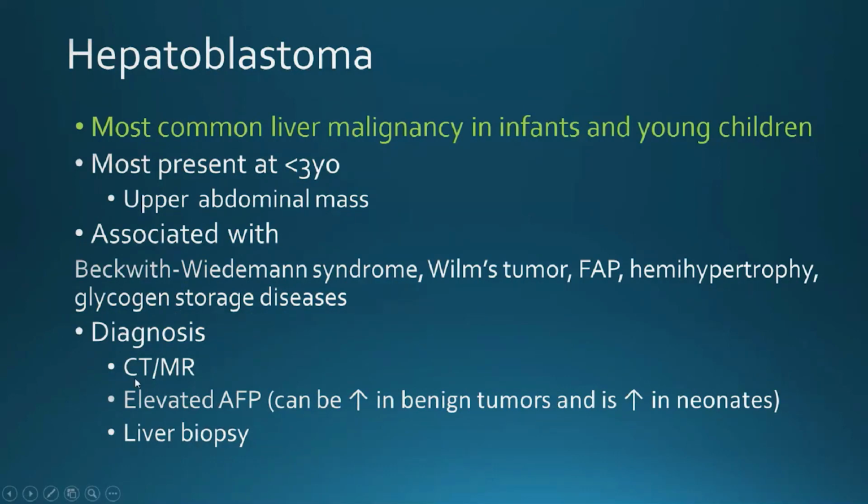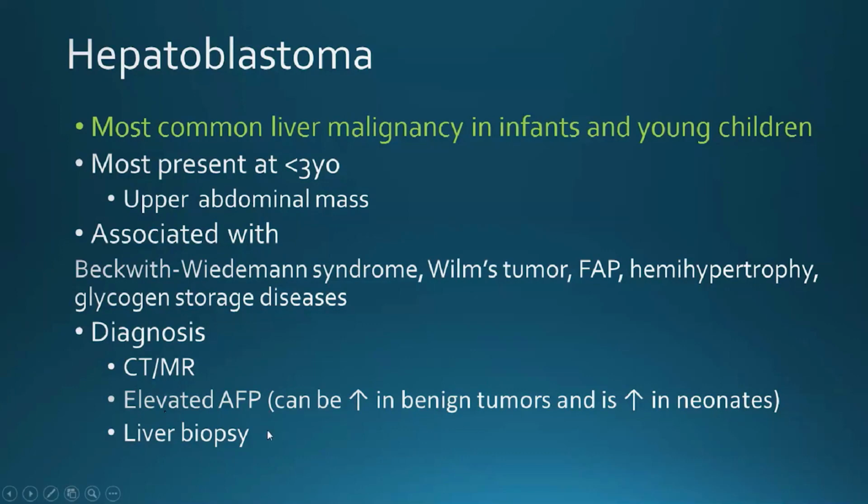Diagnosis is based on CT scan or MRI. These tumors show very high alpha-fetoprotein, sometimes in the tens of thousands, and when you treat these tumors with chemotherapy, you see a dramatic response with a drop in alpha-fetoprotein in these treated tumors.